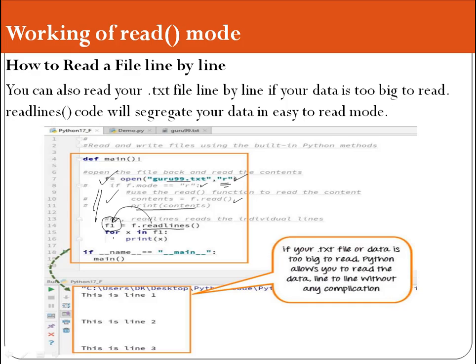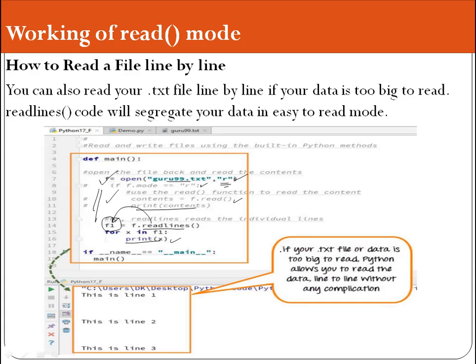Now for x in f1, print x. So it is printing x over here. This is how read lines reads the individual lines.